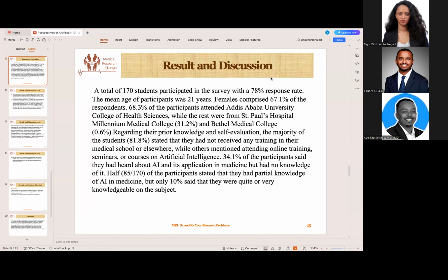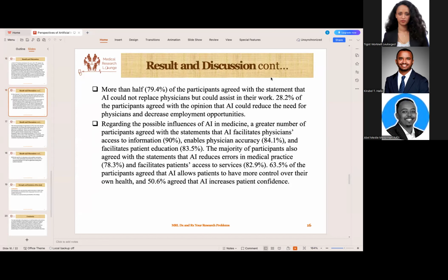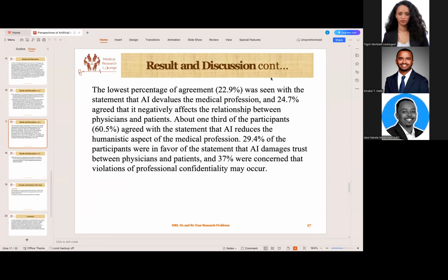The abstract compares the 60.5% of Ethiopian students agreeing that AI reduces the humanistic aspect, and then we have another percentage, about 90%, found in the German study.